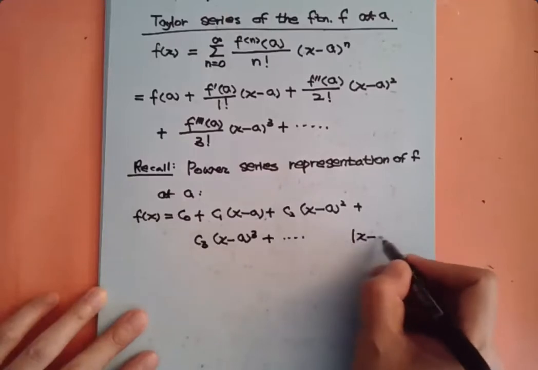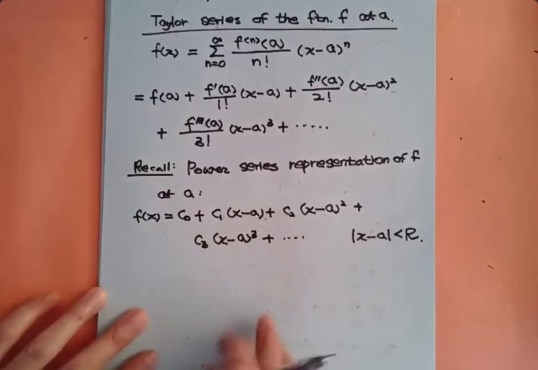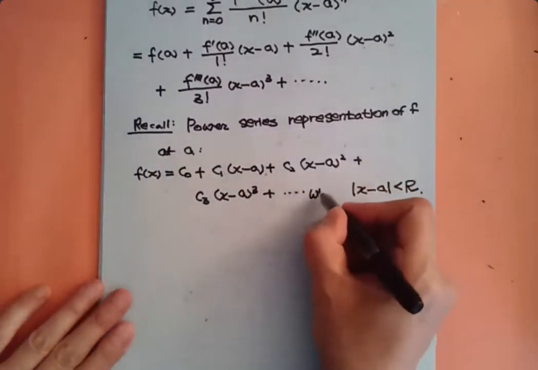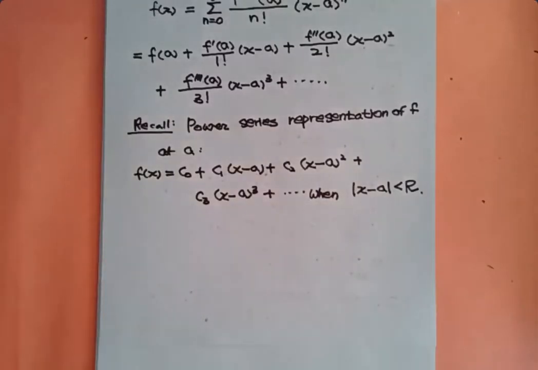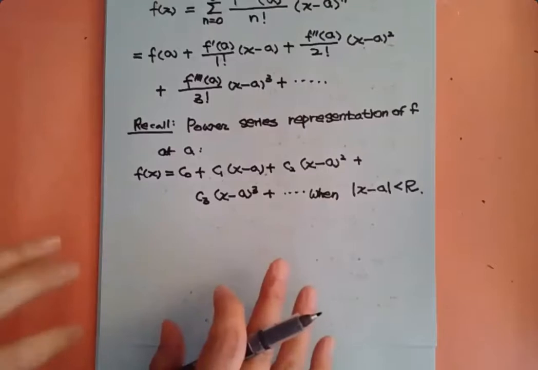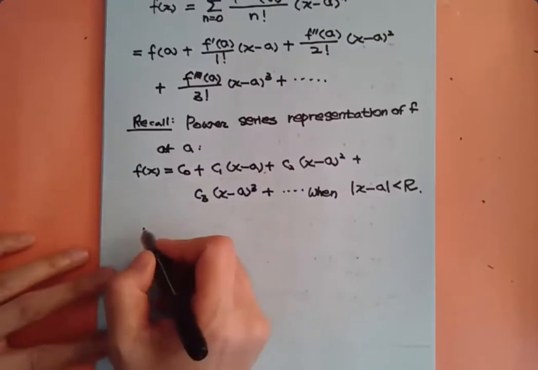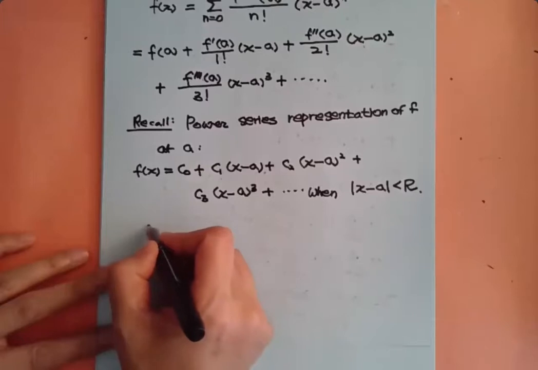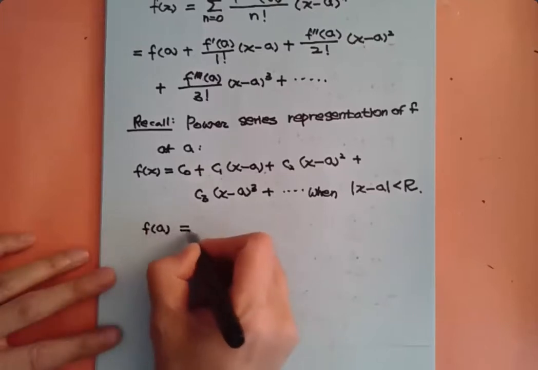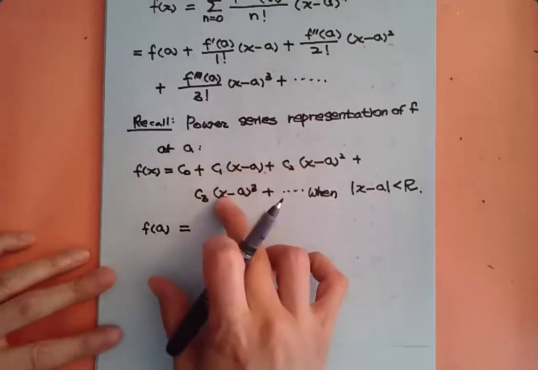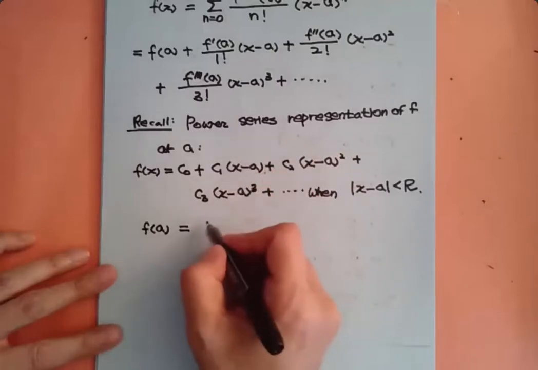And we thought about the radius of convergence when the absolute value of x minus a is less than R. So here, what we can say is f of a equals, if you plug a in here, then all terms will vanish, and we have c0.